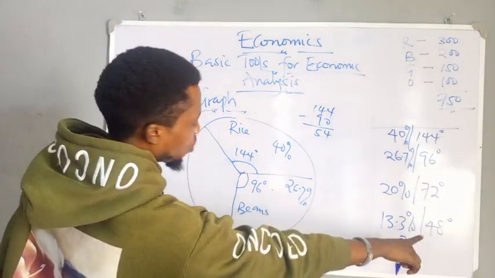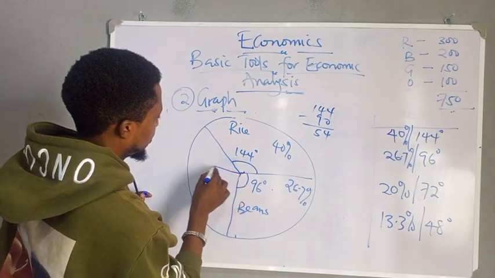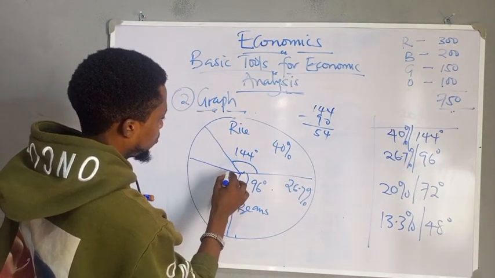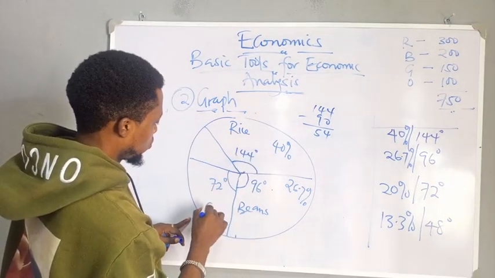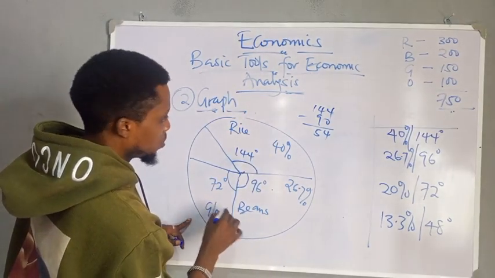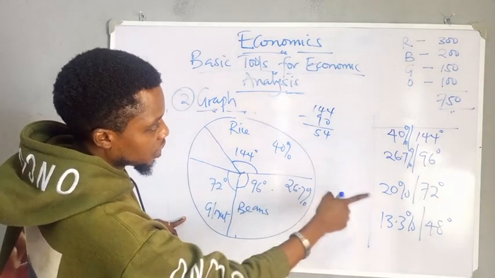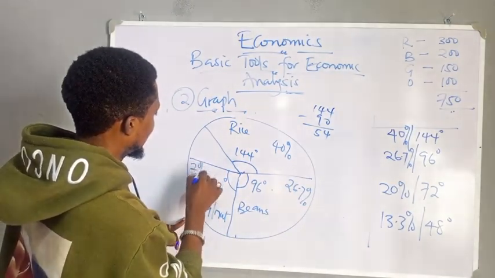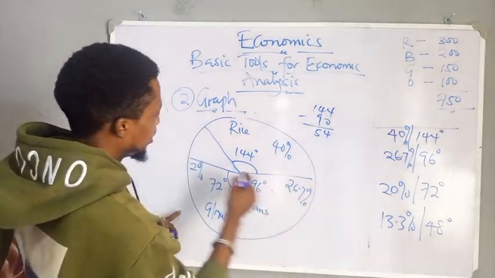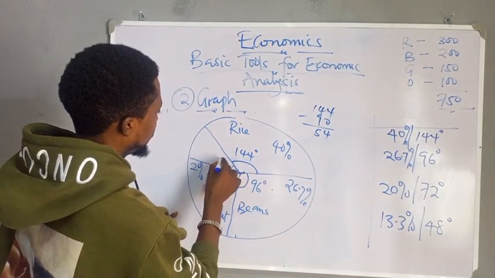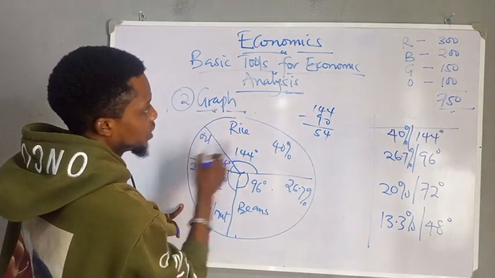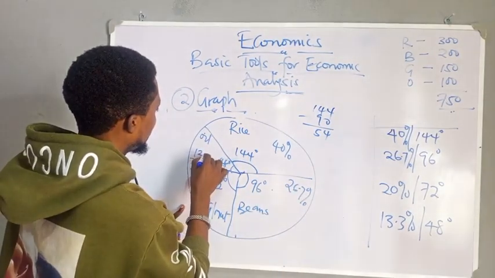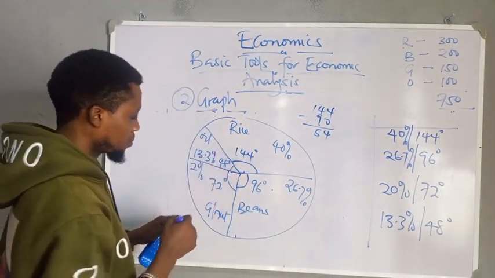Then for groundnut we have 72 degrees, and for oil we have 48. So this should be 72 degrees, and that should be for groundnut, which is same thing as 20%. Then 48 degrees, that's for oil, and that should be 13.3%.